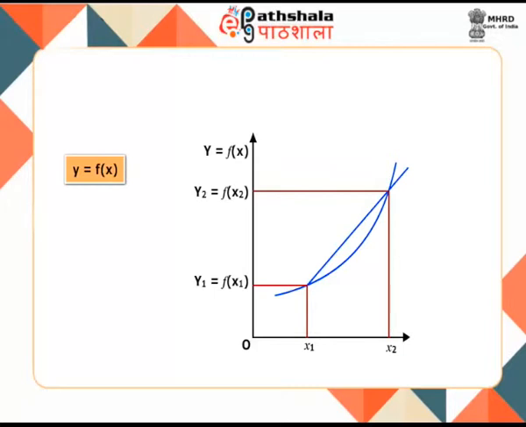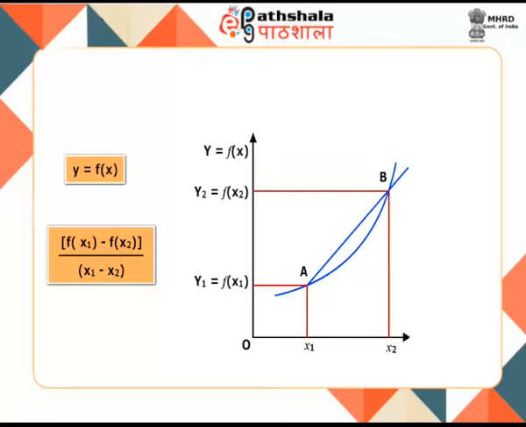The average rate of change of the function between points A and B is defined as the ratio y1 minus y2 by x1 minus x2, or f of x1 minus f of x2 by x1 minus x2.